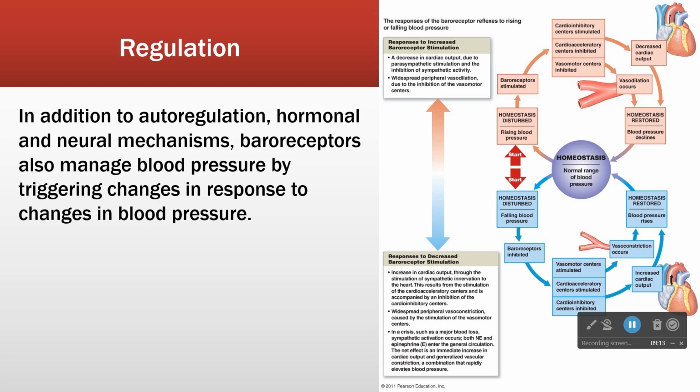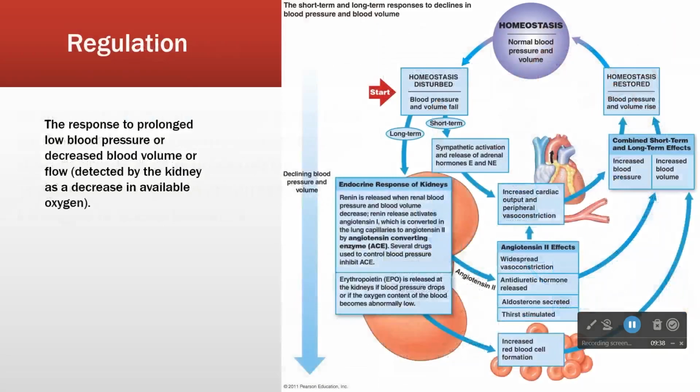So this is very much the nervous system's response. If you look, there's no renin-angiotensin-aldosterone system in these diagrams, right? This is the nervous system's control of too high or too low through the baroreceptor detectors and the brainstem's cardiac control centers, okay?